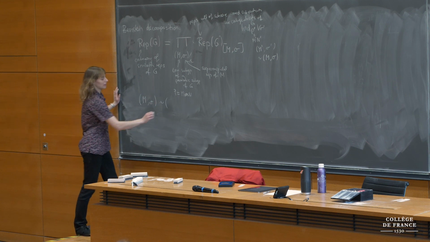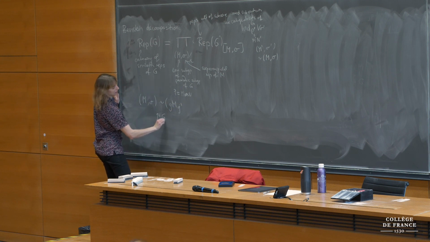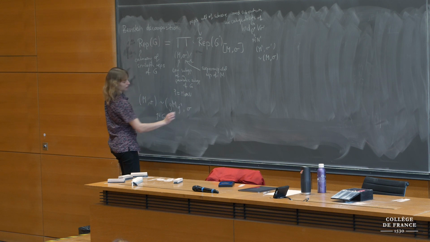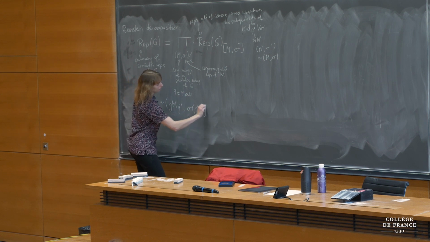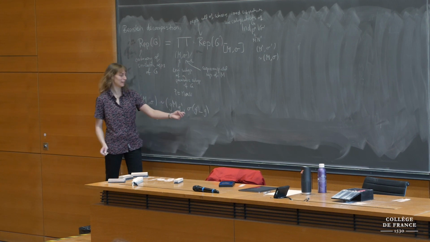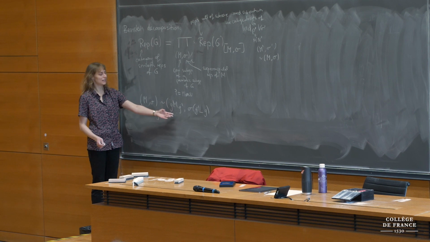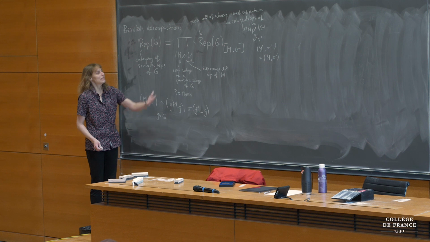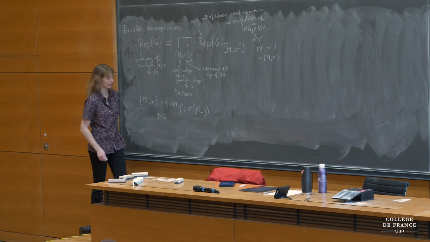Well, we can conjugate everything by an element g inside our group, and then we have to conjugate the representation accordingly. Then we get a different Levi with a different representation, which is just the conjugate of it. And if we parabolically induce that, we end up in the same Bernstein block. So that's a very natural relation that you would guess.